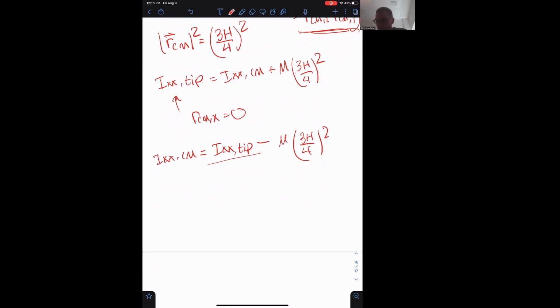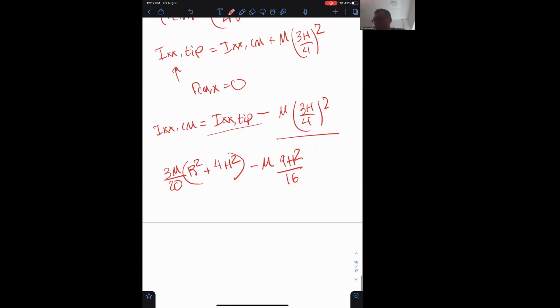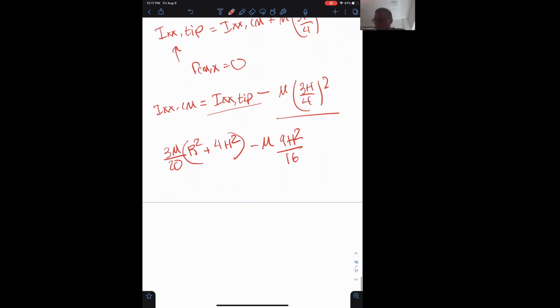So that's just equal to 3m over 20 r squared plus, and all we have to do now is subtract this. So again, it has the correct units, so that's 9h squared divided by 16, and that you can simplify into something that looks like this.